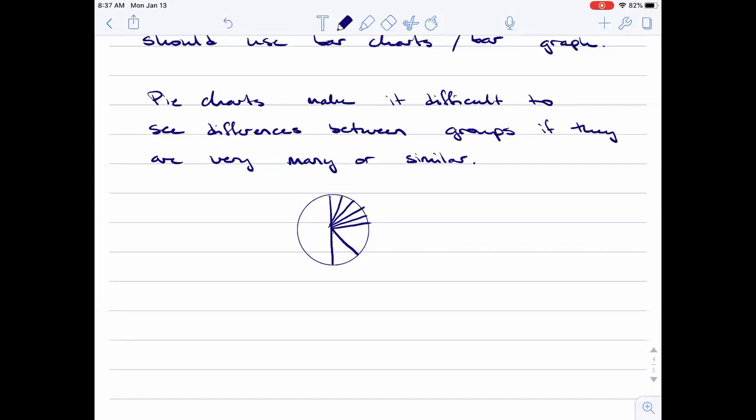If you had to pick which one's the smallest, for example, that's going to be very difficult. It's easy to pick the biggest one, but that's about it, right? Even those two medium-sized ones, I just kind of free-handed it, right? So one looks a little bit smaller, but it's very hard to look at these and really say something distinct about them, right? So you could say something like there's one big slice, two medium slices, and I don't know, 5 small slices, but that's not very helpful, right?